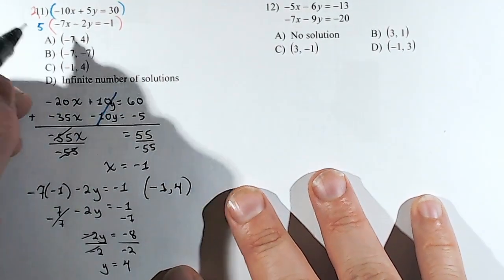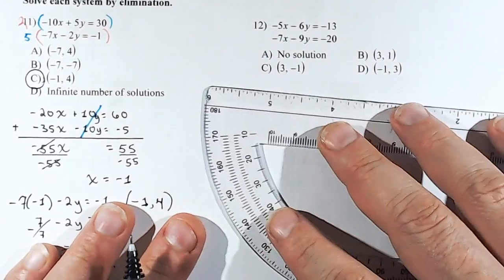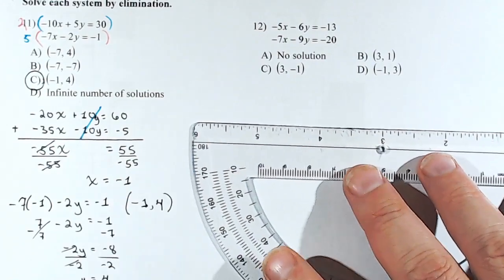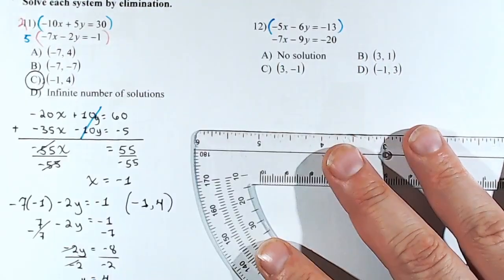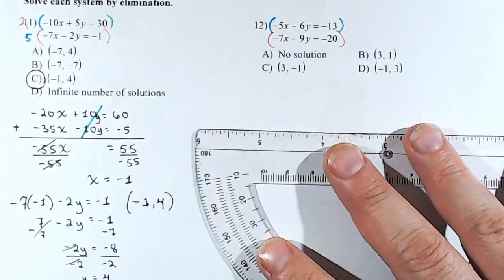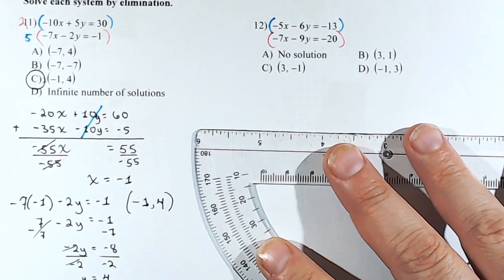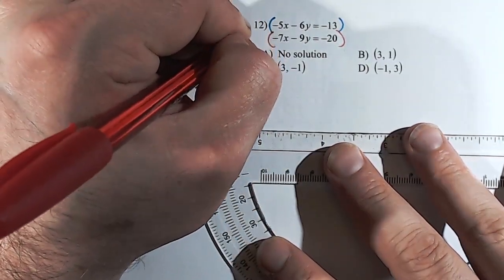C. Okay, so now we'll do this one. I'm going to have to do the same thing, right? Both of the equations have to be multiplied by something. And I guess this time, just to change things up, I'll eliminate x. So I'll multiply the top equation.